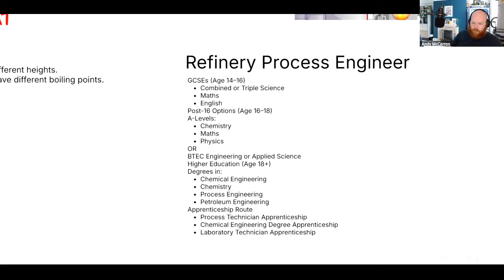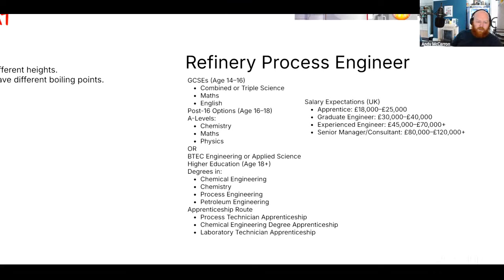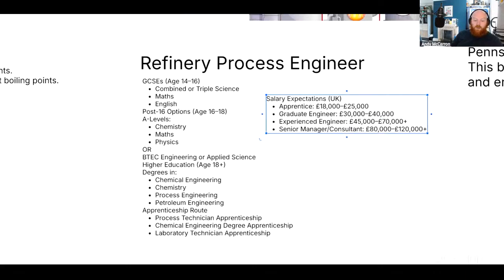Salary wise, it is decent salaries. As an apprentice, you would get 18 to 25,000 a year. When you graduate from uni, you would get 30 to 40,000. As you become more experienced this goes up more and more, and you would eventually become senior management or a consultancy role, where you would go to 80 to 120,000 plus a year.